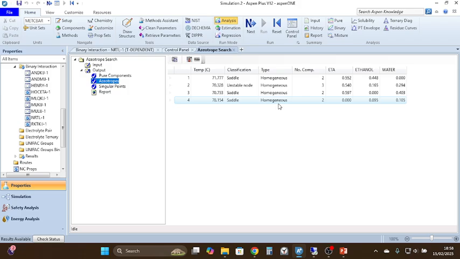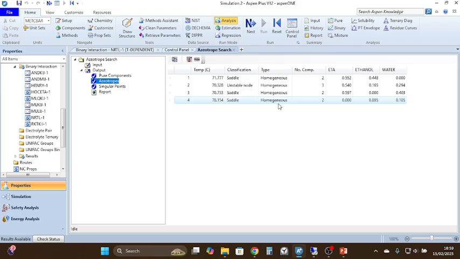A density difference occurs, leaving out the third, and a separation is clearly visible to our naked eye. That is when a heterogeneous mixture or a heterogeneous azeotrope is formed. Now coming to the classification of saddle points.